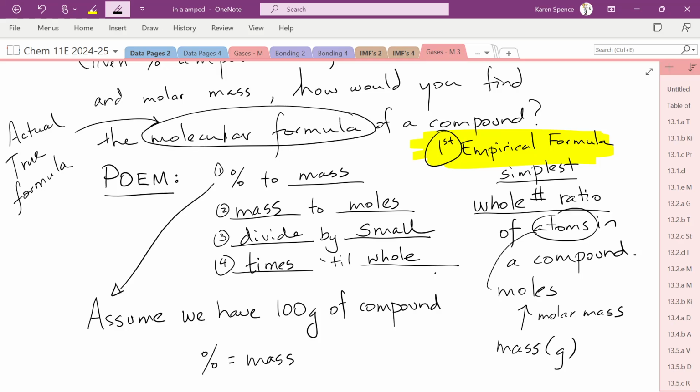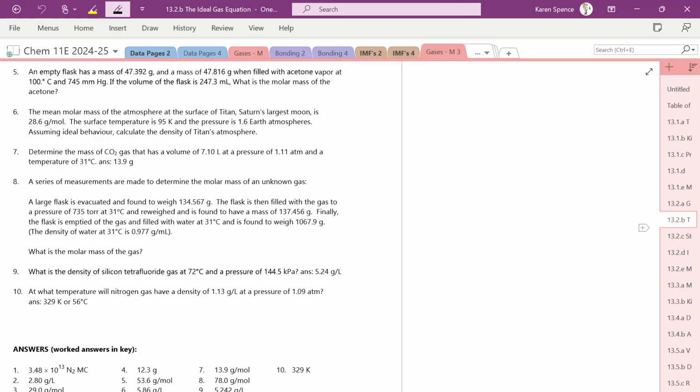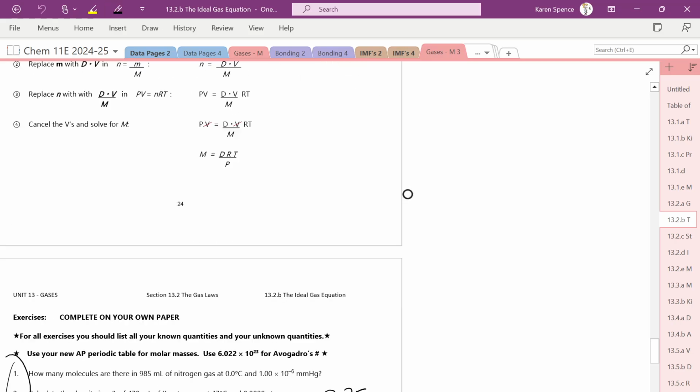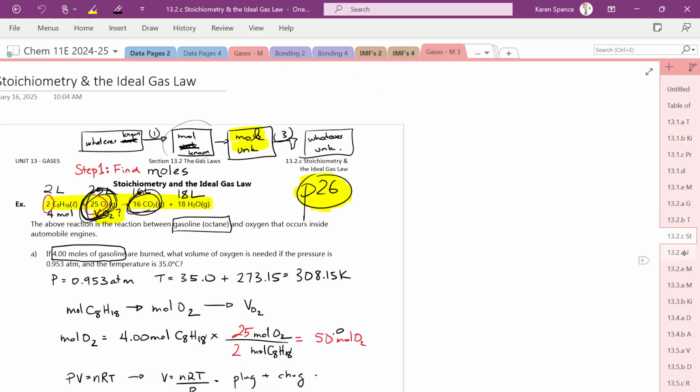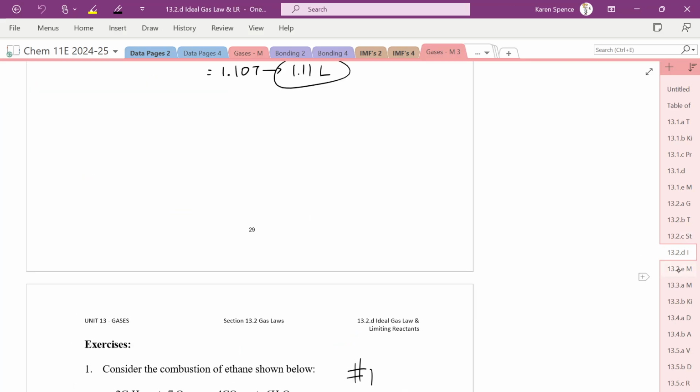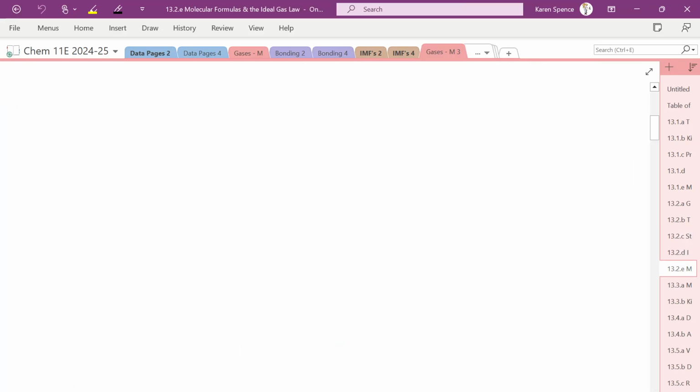So we are going to go then to, where the heck were we? 13.2 D. No, E. Yep. And that is on page 31.